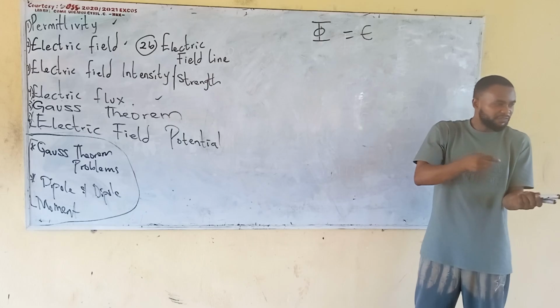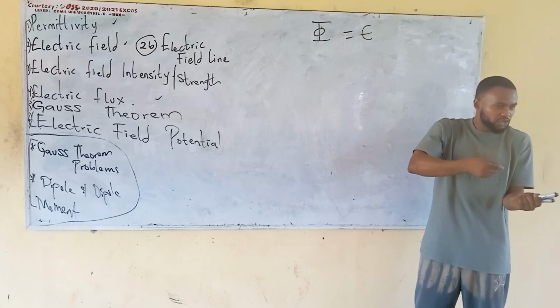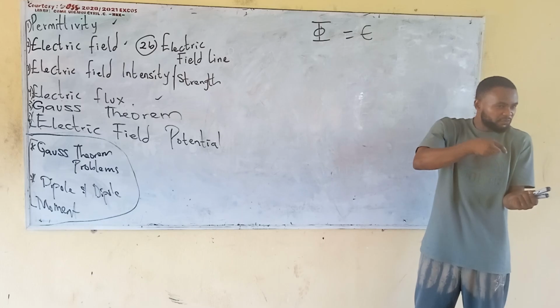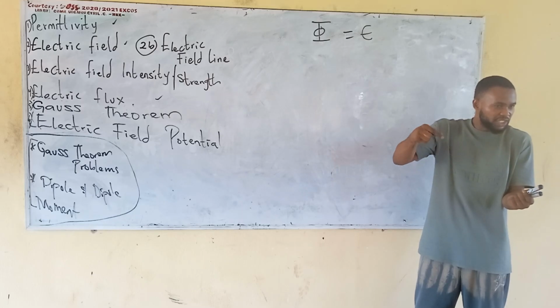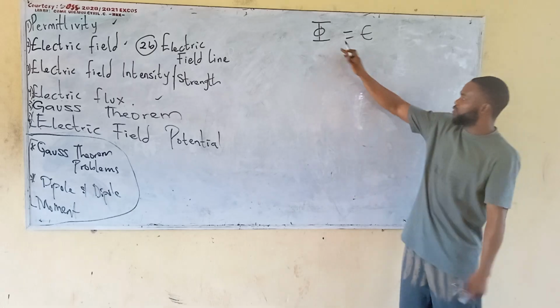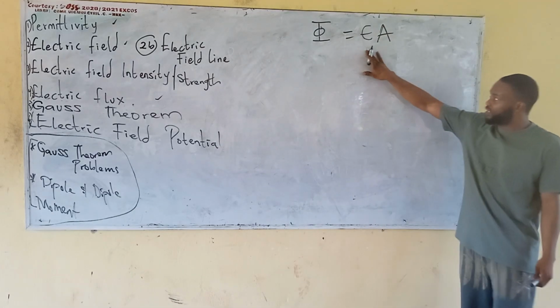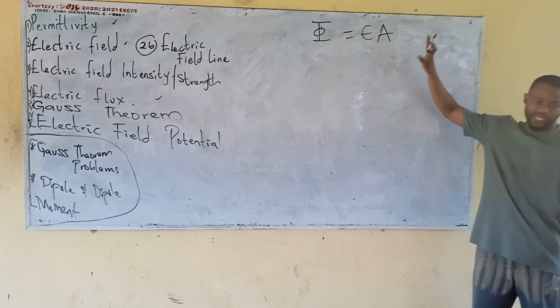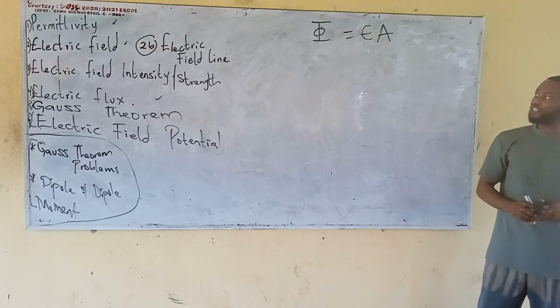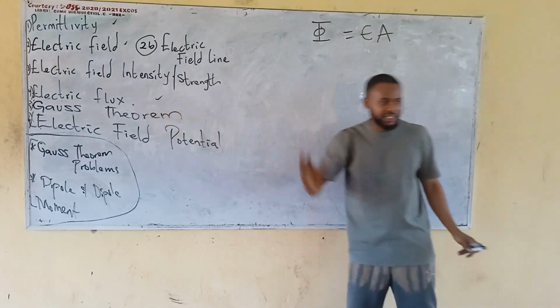So we give this as EA, electric field times area. I know why I lifted this from Gauss's law, because these two are very related.